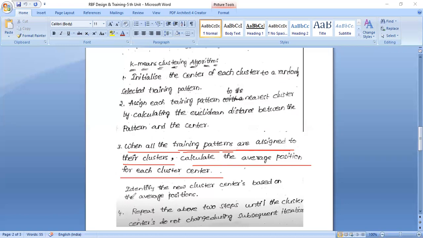Those are changing the cluster centroid by calculating the average position of all the points within the cluster, and then whichever value is near to that average, we can make that particular point the centroid again. Okay, that is the third step.